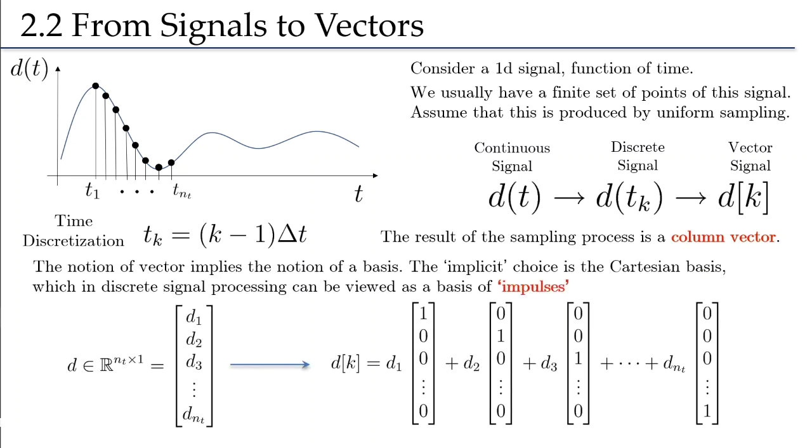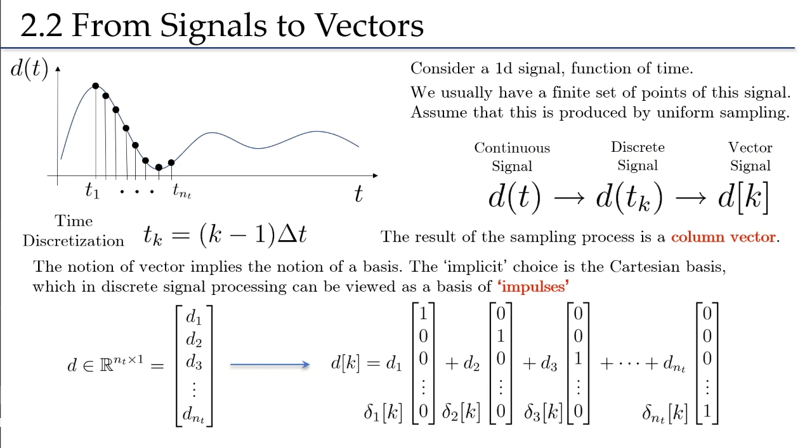The very notion of vector implies the notion of a basis. By default, we consider our vector to be in the Cartesian basis, which in signal processing is seen as a set of shift impulses. So this vector here is a combination having d1 times the first impulse, d2 times the second impulse, d3 for the third, and so on.